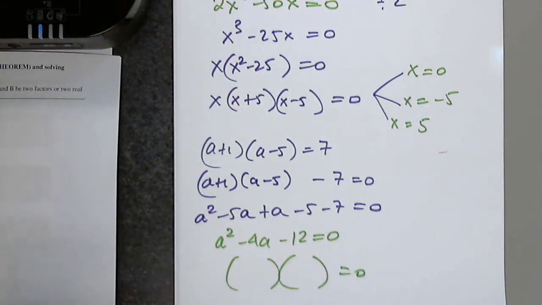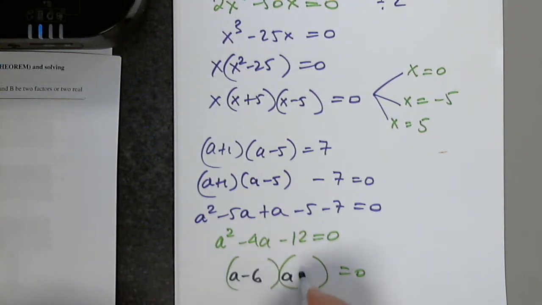So how do I factor this? The product is what? -12. Perfect. And the sum is? -4. Perfect. I need two numbers whose product is -12 and whose sum is -4. Since the product is negative, I expect a positive and a negative. And the answer would be -6 and +2.